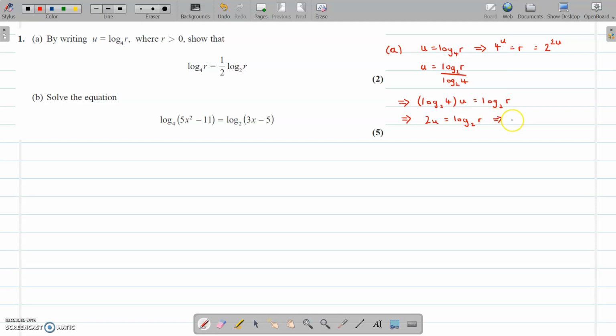So just dividing by 2, I therefore have that u equals a half log to base 2 of r. Okay, and I know, of course, that u is in fact log to base 4 of r, so that's my result that I'm looking for, isn't it? So I can now just replace that u with log to base 4 of r.